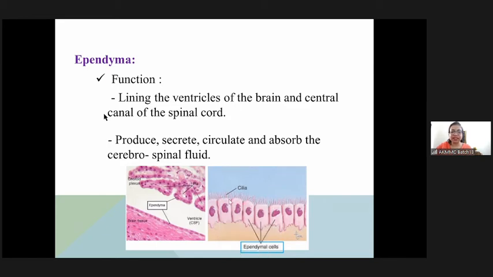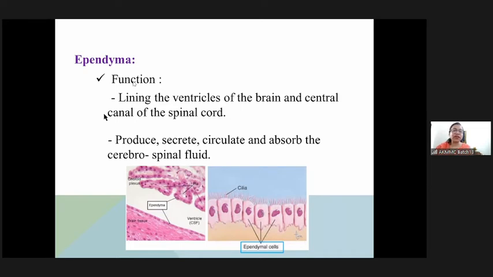Very good. They are ciliated. These cells protect the brain tissue from coming in contact with the cerebrospinal fluid. And what type of cell are these? These are maybe cuboidal or low columnar.